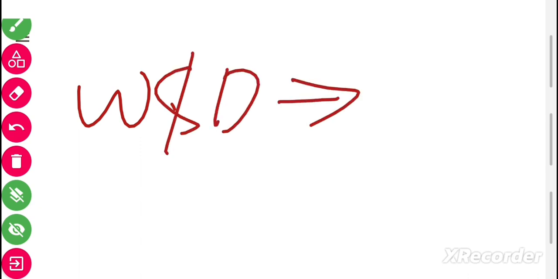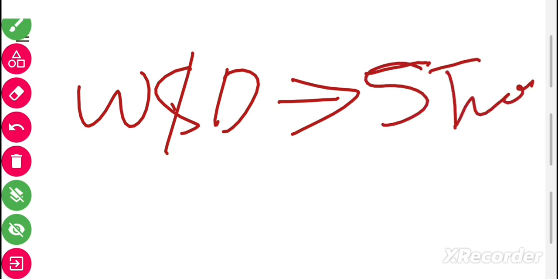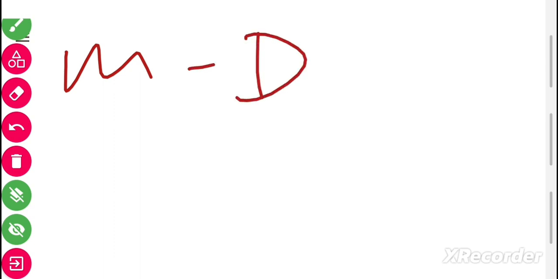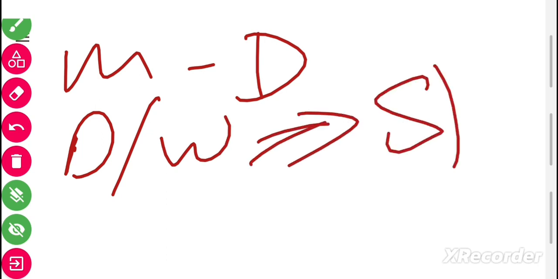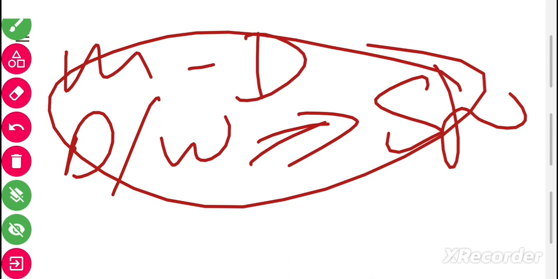These are time frames for getting structure. We get our structure in weekly and daily. So in monthly we get direction, and in daily and weekly we get structures, guys. Are you getting that point?